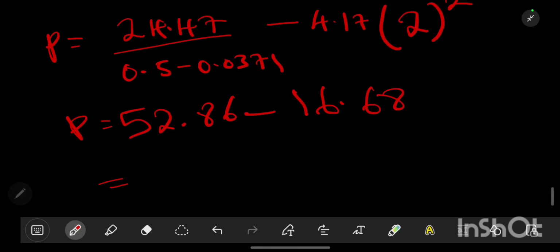So if we subtract 52.86 minus 16.68, this is going to give us 36.18 atmospheres. So that is how we answer that.